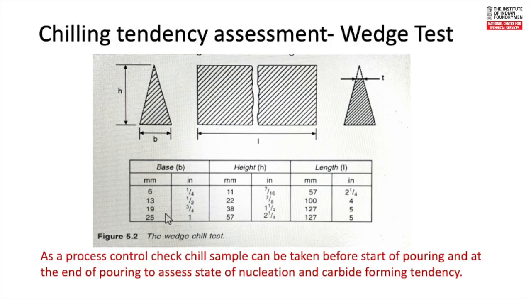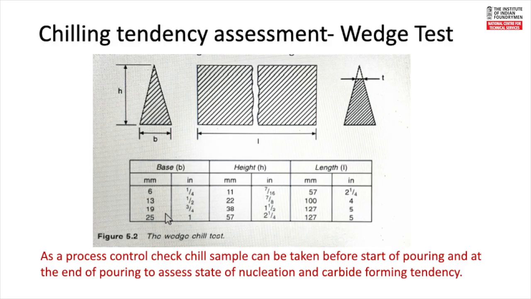Chilling tendency assessment by wedge test, which is a very, very simple and well-known test. Again, I have taken a picture from CDC data sheets. It's also there in the Precision Foundryman's handbook.